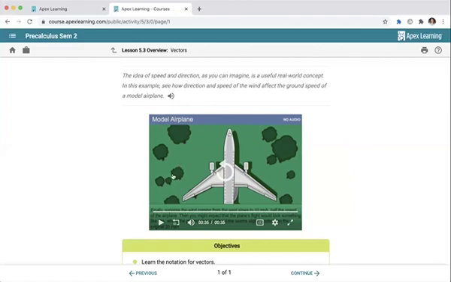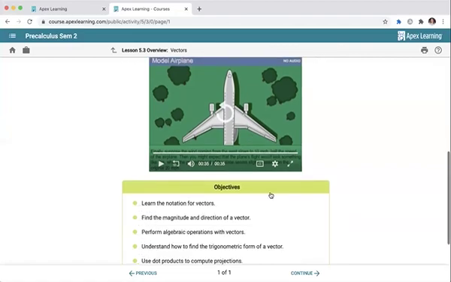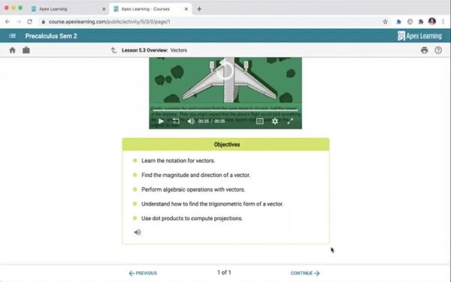Take it outside of an airplane: if you're driving in your car, you can be going 55 miles an hour down a straight shot of highway, or you could be going 55 miles an hour on a curved part. Your pathways are going to look very different, even though the speedometer says that you're still going 55 miles per hour.